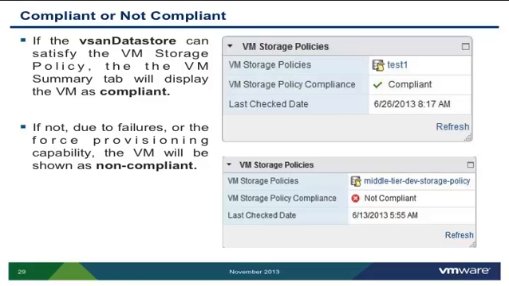And actually it will stay in not compliant until the objects have been rebuilt, and so your policy setting is back to normal. For instance, if I've rolled out with a failures to tolerate set to 1, in other words, I must have a mirror copy, but I lost one host that contained a mirror copy, this will go into a not compliant state until that mirror copy has been rebuilt elsewhere in the cluster. Okay.